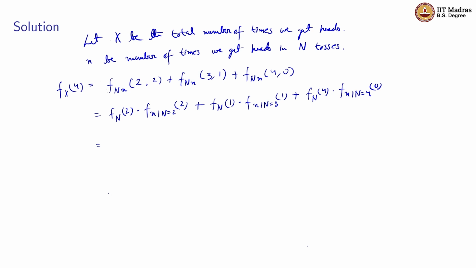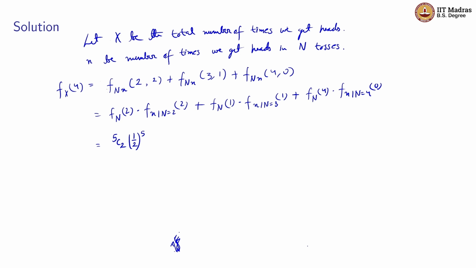So now the probability that capital N is equal to 2 will be 5c2 into 1 by 2 raised to the power 5, because the coin is tossed 5 times and out of the 5 times we want to find the probability of getting 2 heads.